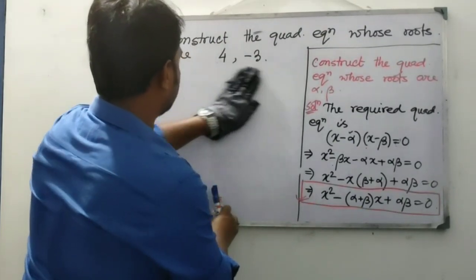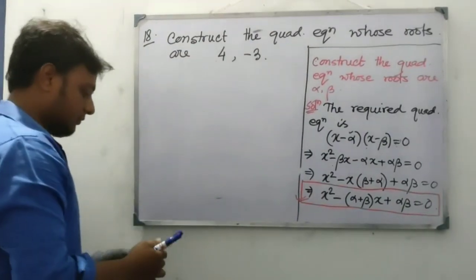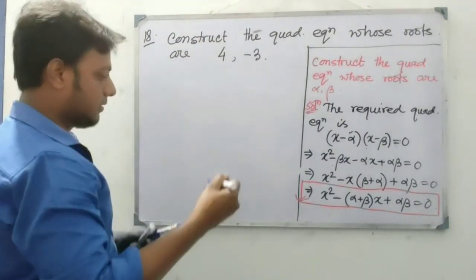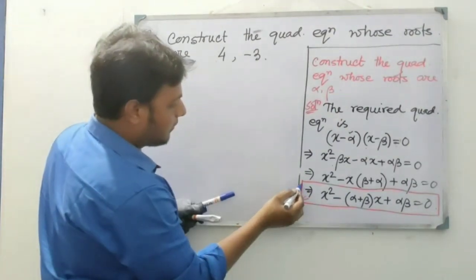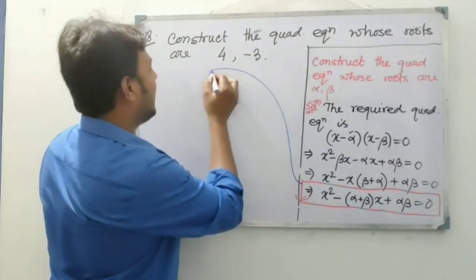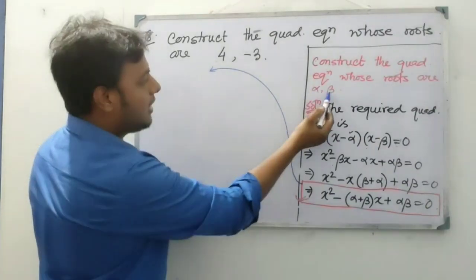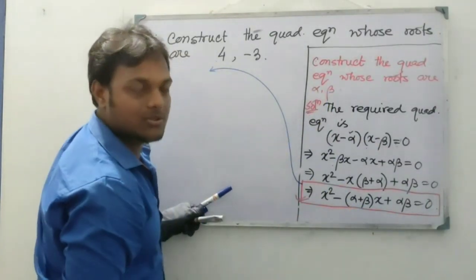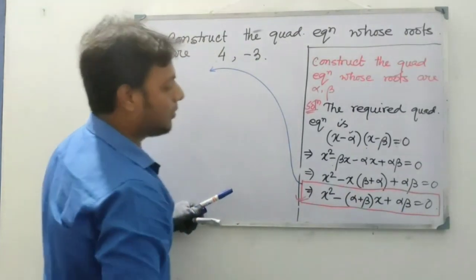Just observe properly. What this line says, roots are alpha and beta. So in this place, alpha plus beta means sum of roots, and this one is the product of roots.